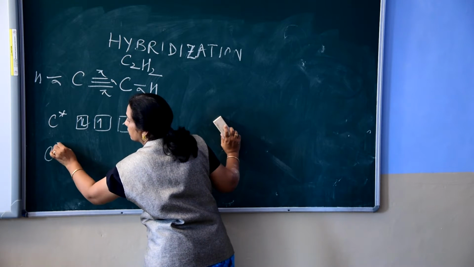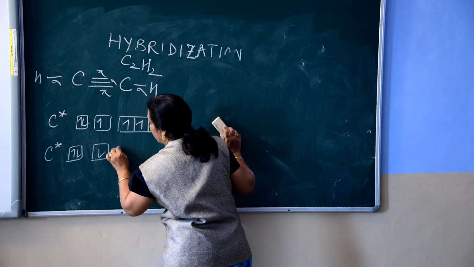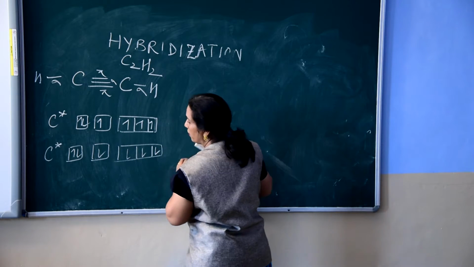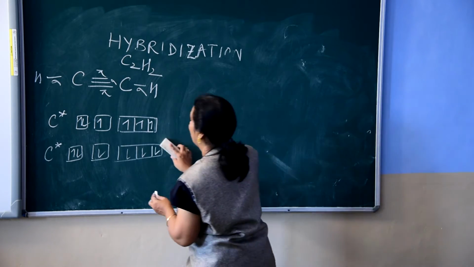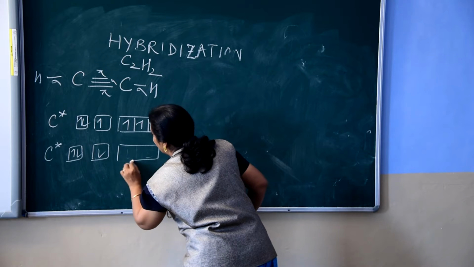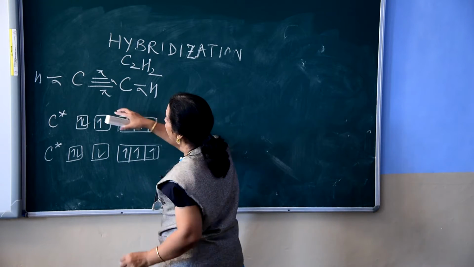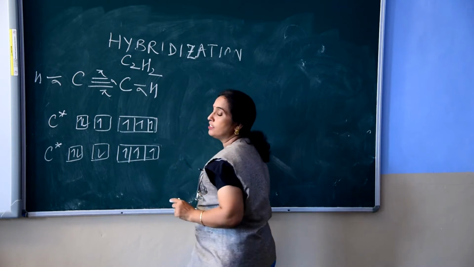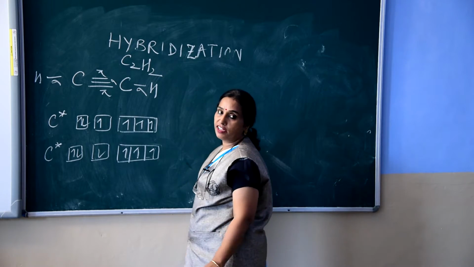Another carbon in the excited state has 2 electrons in the s and 3 in the p shell. When the orbitals intermix as per our requirement, there are 2 pi bonds. That means only 1 sigma bond is present between one carbon and the other carbon.